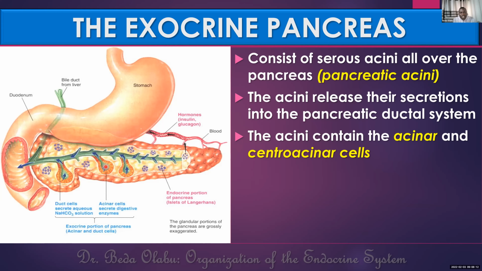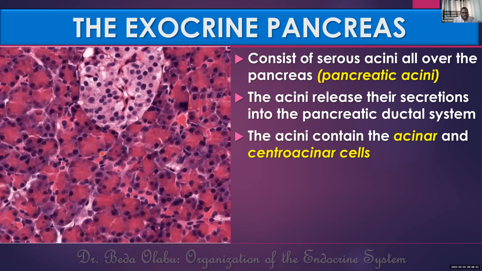And so the cells of the ductal system at the center of the acinus constitute the centroacinous cells. If you look at that in a microscope, perhaps this is what you see. Maybe not all of them will capture it, but let's look at that one. These are acinar cells in the periphery, and at the center, you have the central acinar cell. These are a good example of a central acinar cell. So these are all acini.